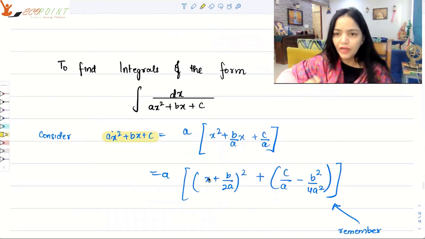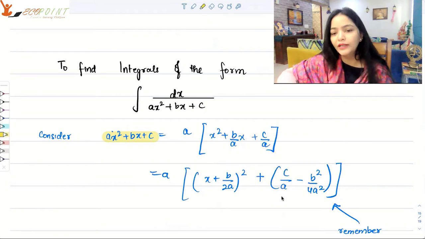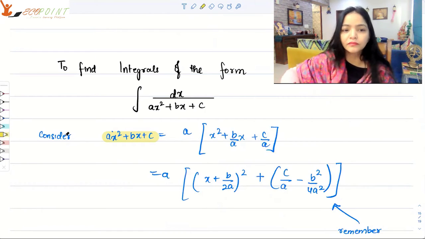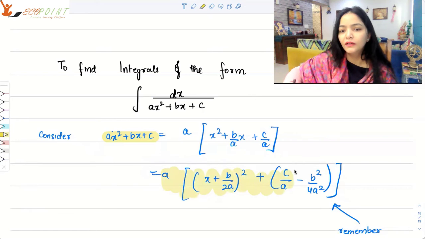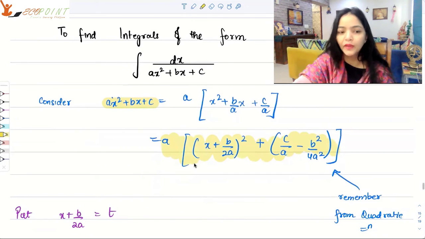You remember we've done in quadratic how you break it. So you can create a whole square here. So x plus b upon 2a whole square. For that, you have added and subtracted something. So you have a multiplied by this expression. One is a whole square and one is c by a minus b square upon 4a square.